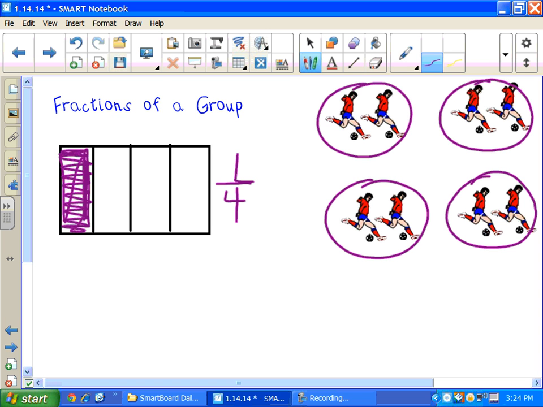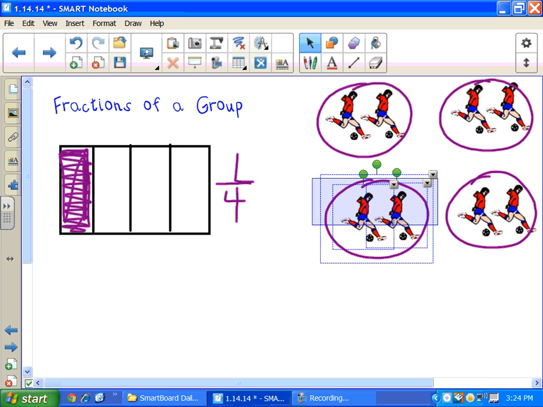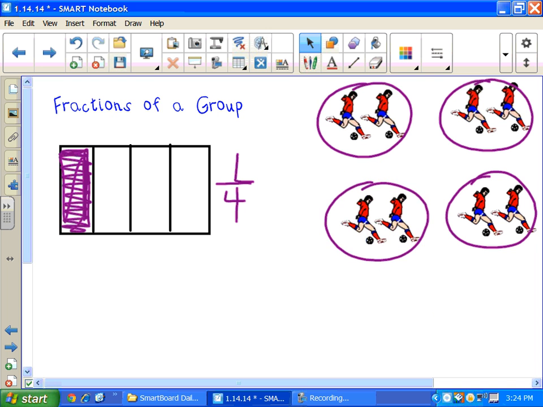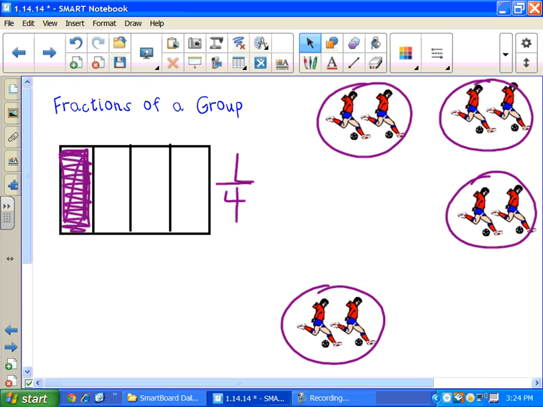And I'm interested in this case in one of those 4 groups. And in one of those groups, I have 2 players. So 1/4 of my team is 2 players.